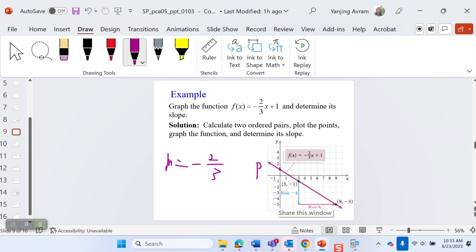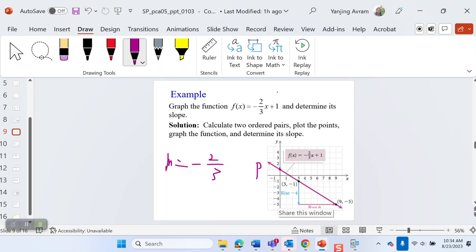You can pick any point in here. Okay, x increase 2, 1, 2. Y gonna be moving down. Okay, so this one right here, this is kind of emphasized in here.